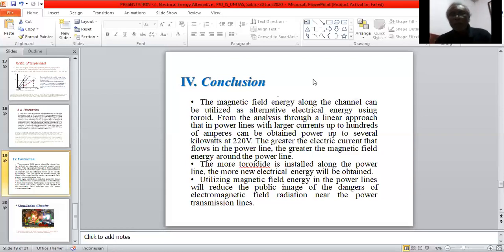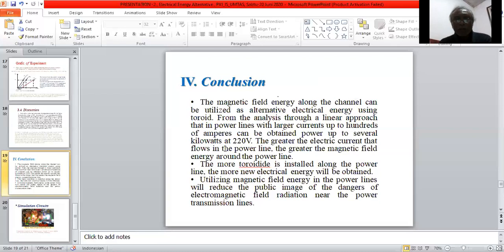The greater the electric current that flows in the power line, the greater the magnetic field energy around the power line. And second, the more toroid is installed along the power line, the more new electrical energy will be obtained.